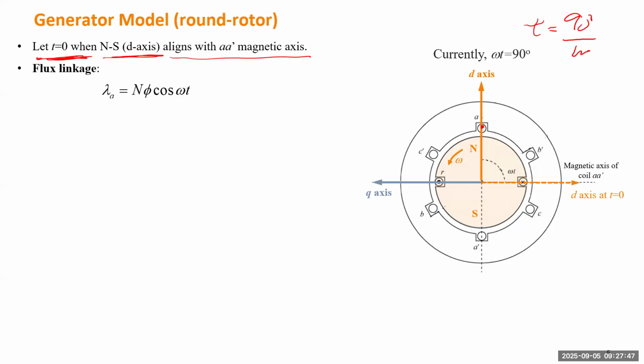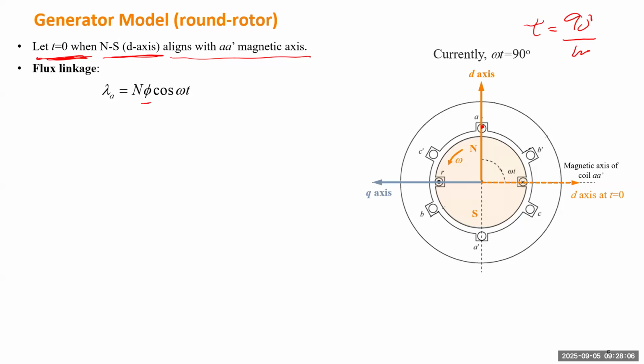For the flux linkage, phi here is just the flux generated by the magnet. N is the number of turns of winding A, and the cosine angle determines the relative position.